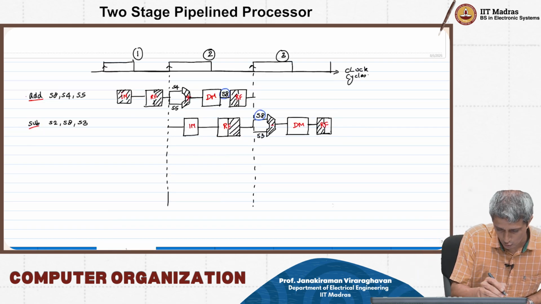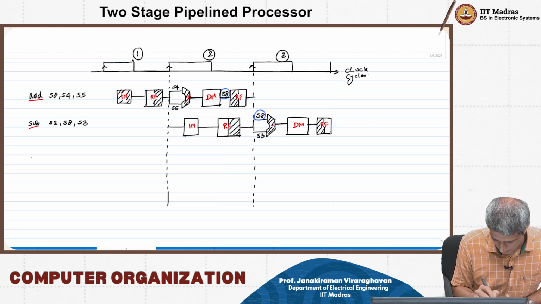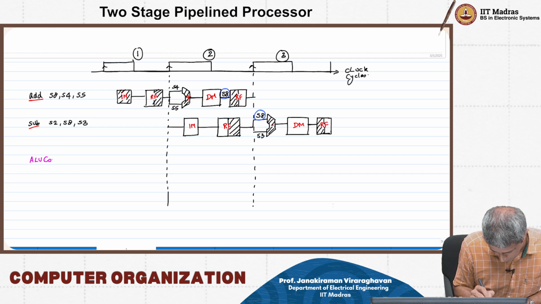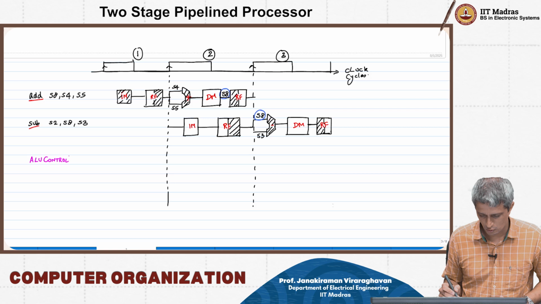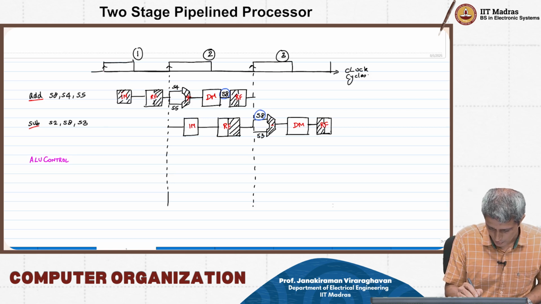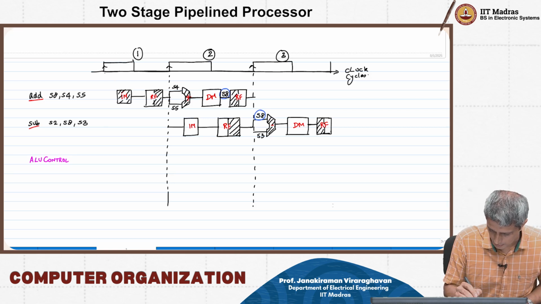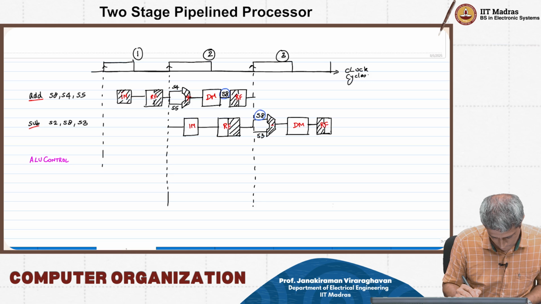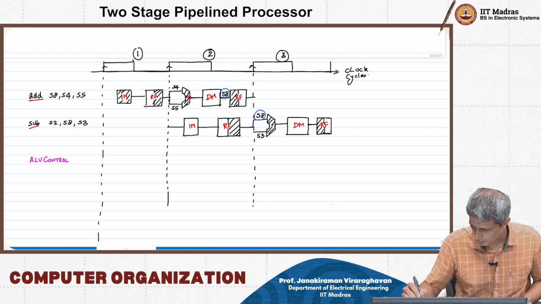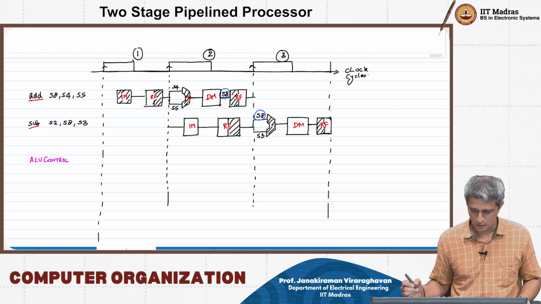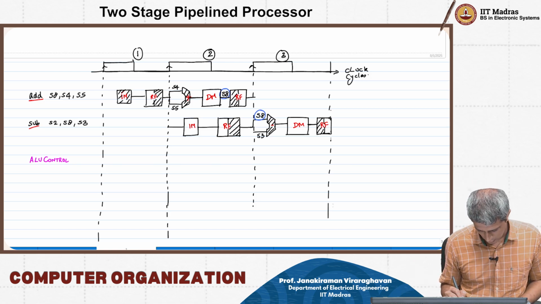So first thing to note is the ALU control instruction. Maybe I'll draw that in magenta. ALU control. So what is going to happen? This particular clock cycle, let me just mark that here. So I have the first clock cycle here.